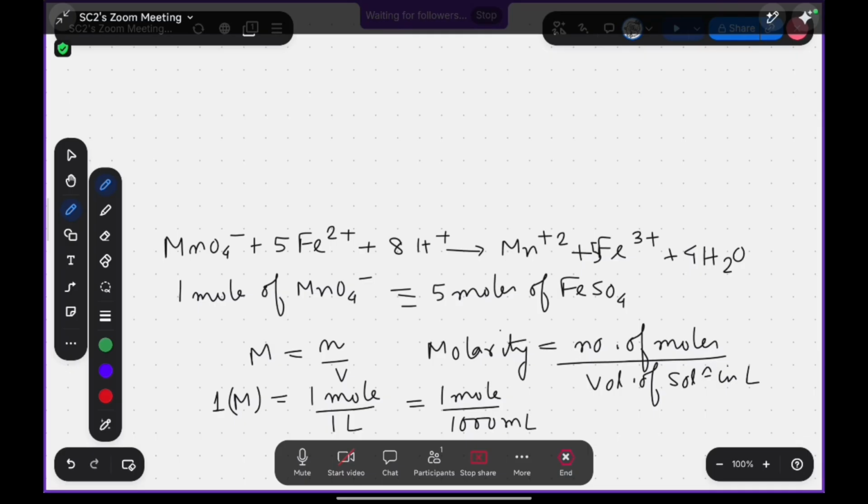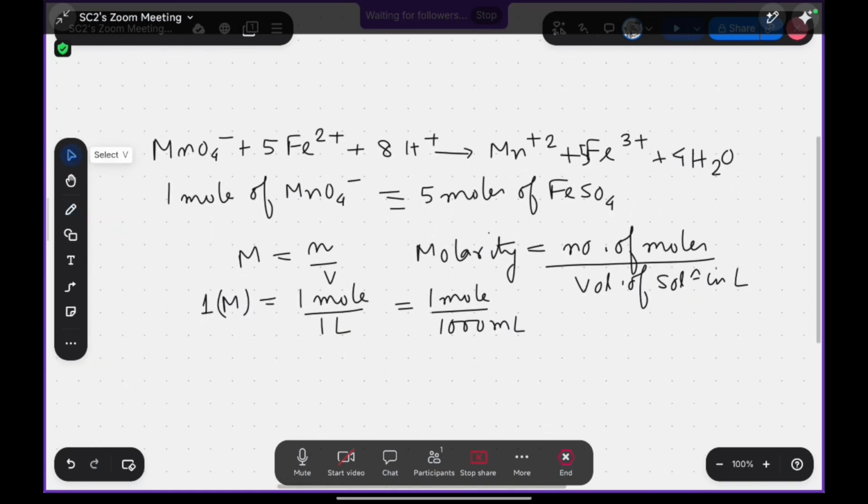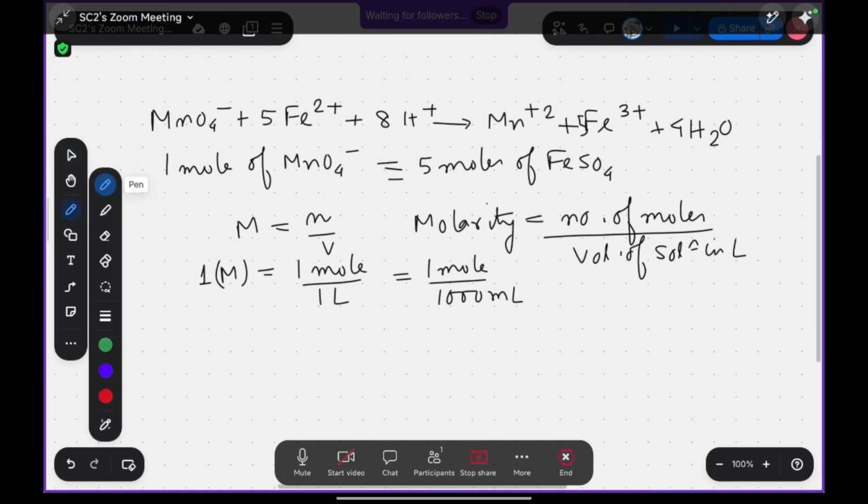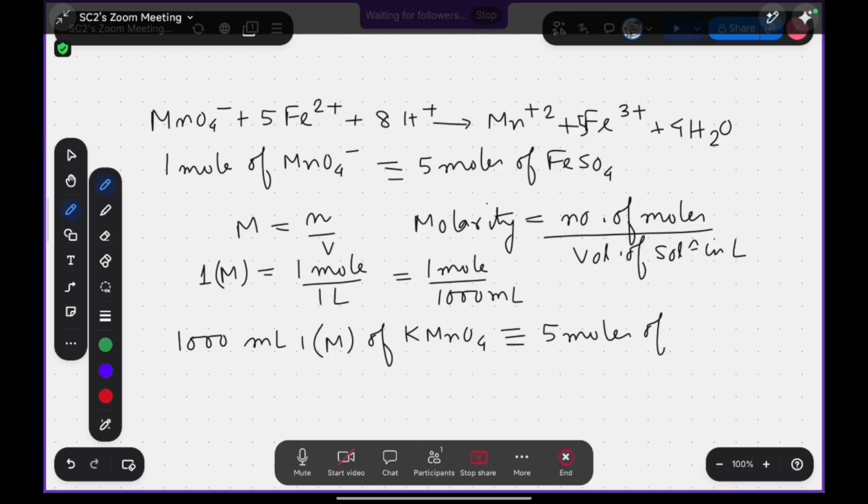So I will modify this in the form of a statement. 1 mole of KMnO4 in 1000 ml, 1 molar of potassium permanganate, is equivalent to 5 moles of ferrous sulfate. Why did I write it this way? Because 1000 ml of 1 molar means 1 mole.